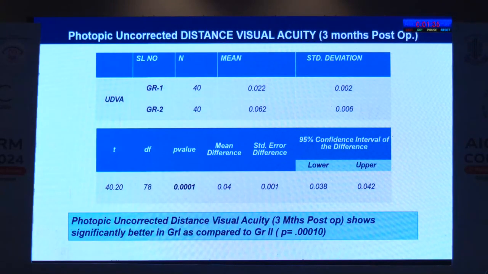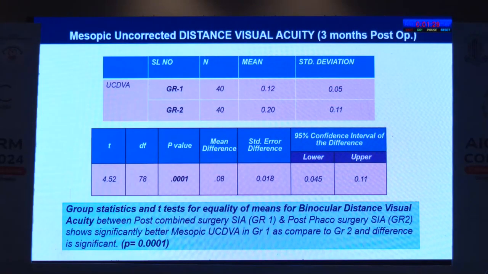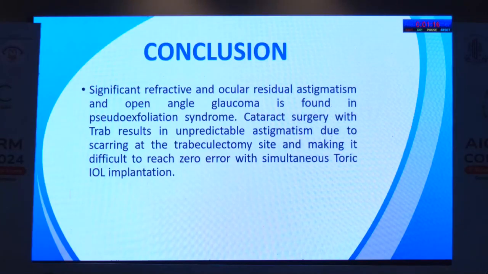Photopic uncorrected distance visual acuity, photopic best corrected distance visual acuity, mesopic uncorrected distance visual acuity, mesopic best corrected distance visual acuity, all were significantly better in the post-combined surgery SIA group, that is group 1. So the conclusion is that significant refractive and ocular residual astigmatism and open angle glaucoma are found in pseudoexfoliation syndrome.